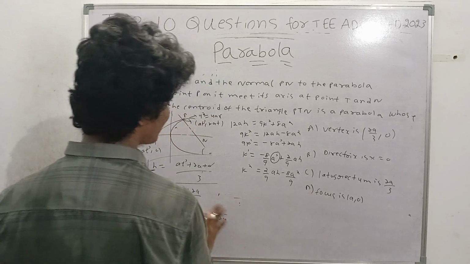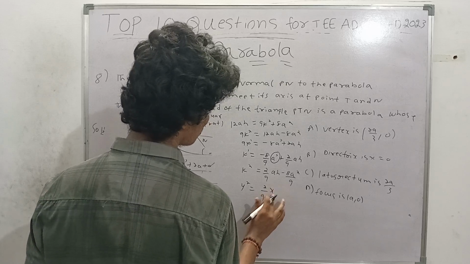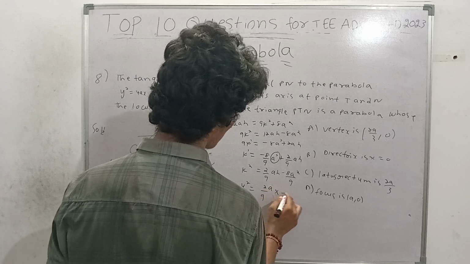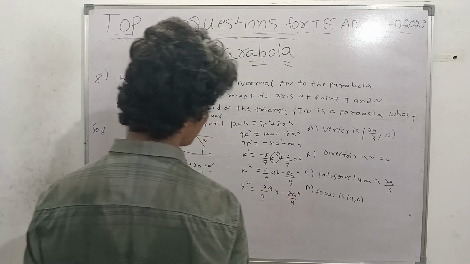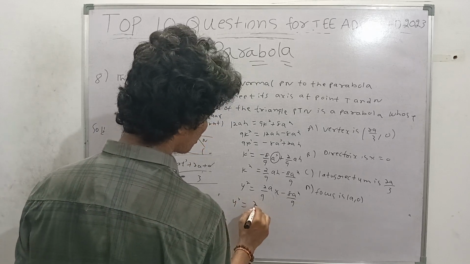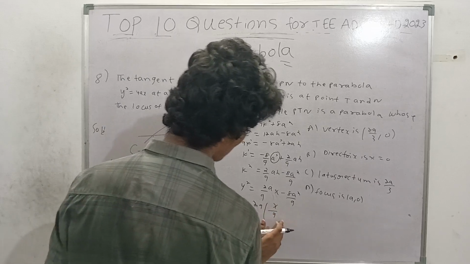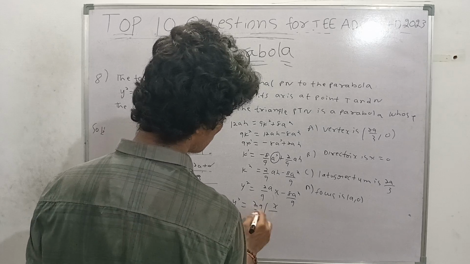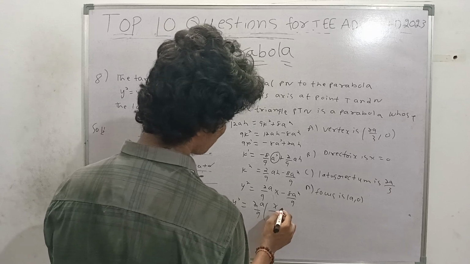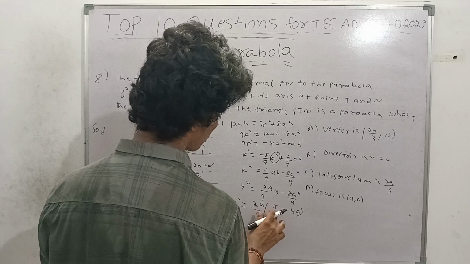And if I substitute k as y and h as x, it is y square equal to 2 by 3 ax minus 8a square divided by 9. If I take common 2a by 3, what I will get is x minus 4a by 3.